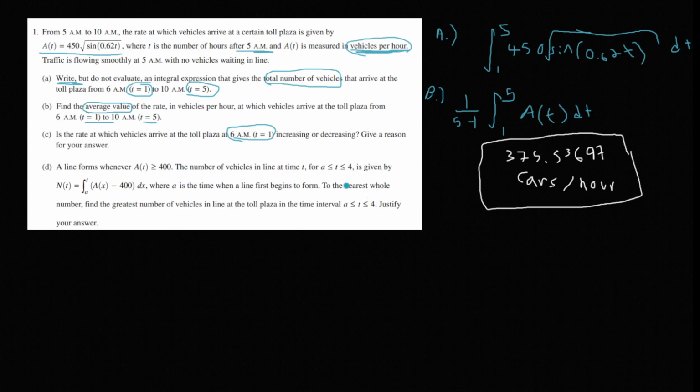So we need to look at the function and we need to take the derivative of it. And we can just do this at t equals 1. And again, this is a calculator problem, so just type this into your calculator.